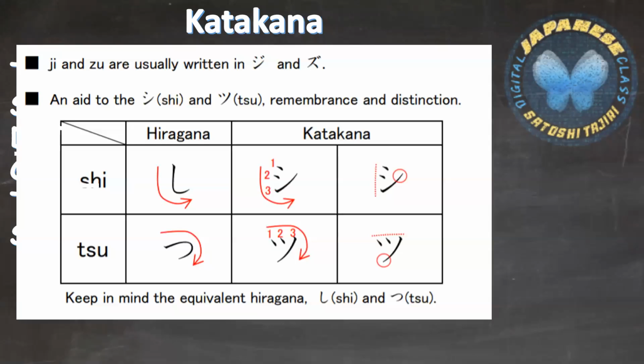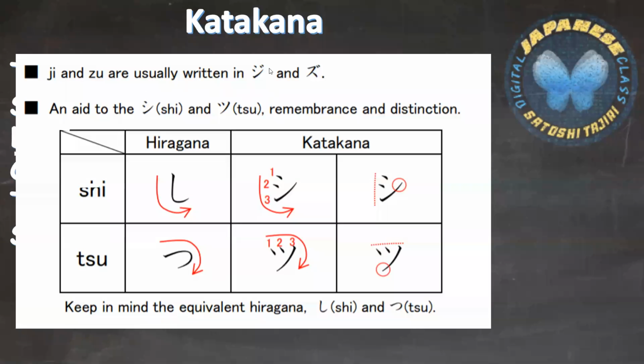So here, okay, G and Z are usually written in this one, okay? So we use this one more often. The dakuten in G and Z are remembered for distinction, okay? Because, okay, chotomate, that's this one. Okay, there it goes, better now.